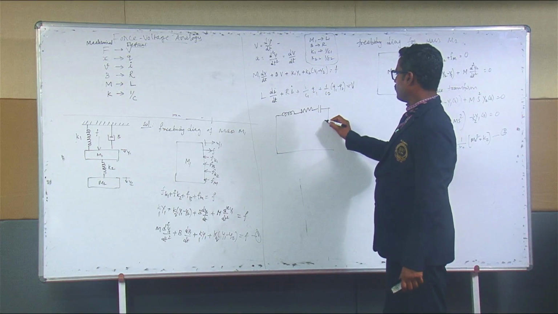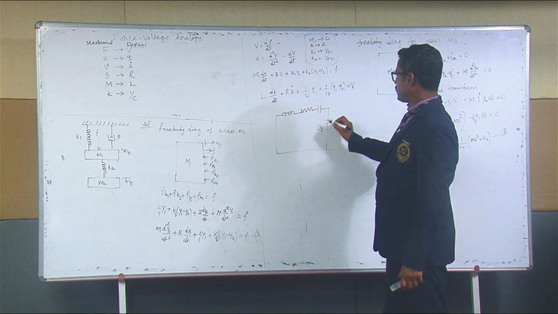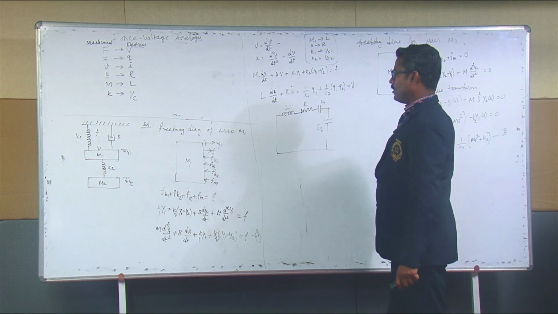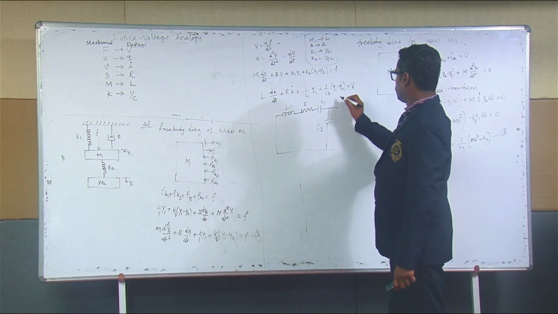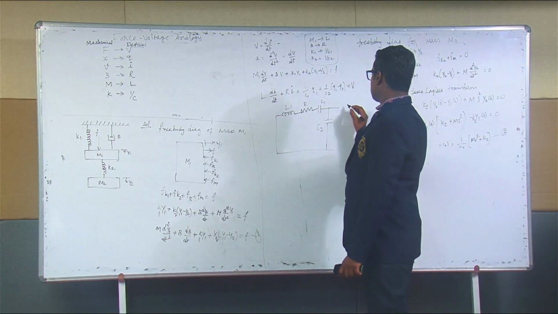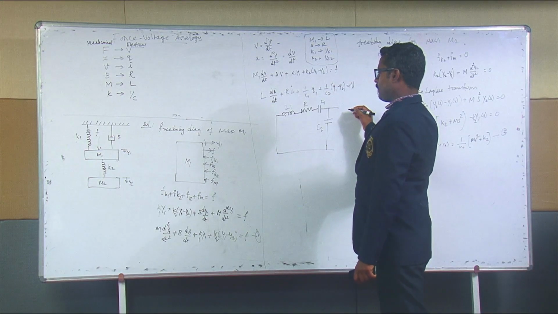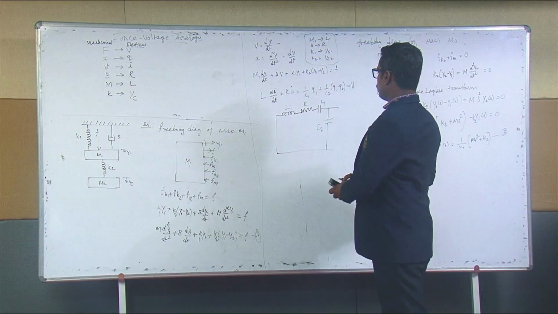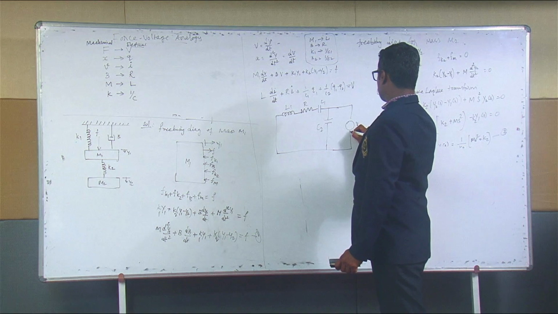That means 1 by C2 is the common element, so C2 is connected here. This is C1 and L1, R, and you will get the equation C2 and Q1 minus Q2. So the common is K. This is the electrical voltage analogy of the first, here the voltage source V.